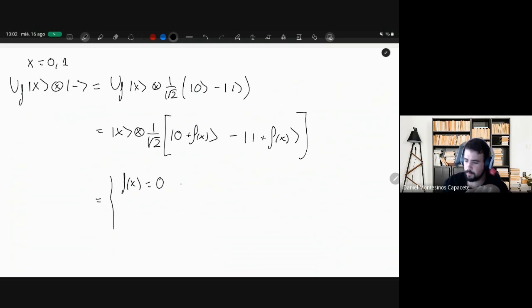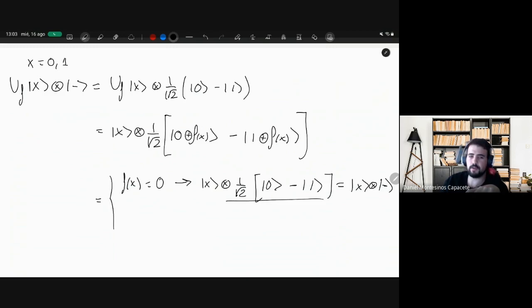You will have x times, and this is this sum for sure. Sorry about that. If it's 0, it will be 0, and if it's 0, this would be 1, right? So in this case you have the very same x times minus, because this is the minus, it has done nothing.